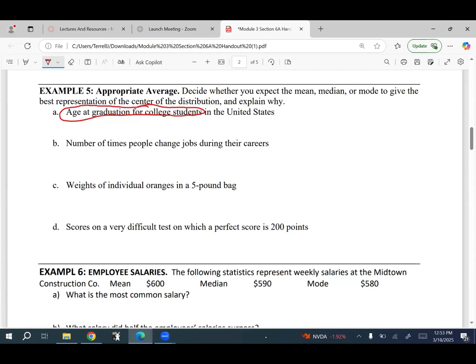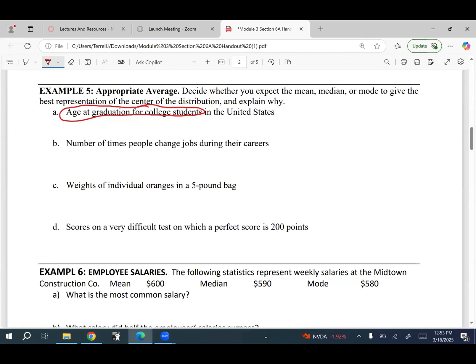And then there's non-traditional students, maybe people that have been in the workforce for several years and then went back to school at an older age. So because there's so much variety, that means there's room for outliers, extremely younger individuals, maybe 17, 18, and older individuals, maybe in their 50s, 60s or older, going back to college.